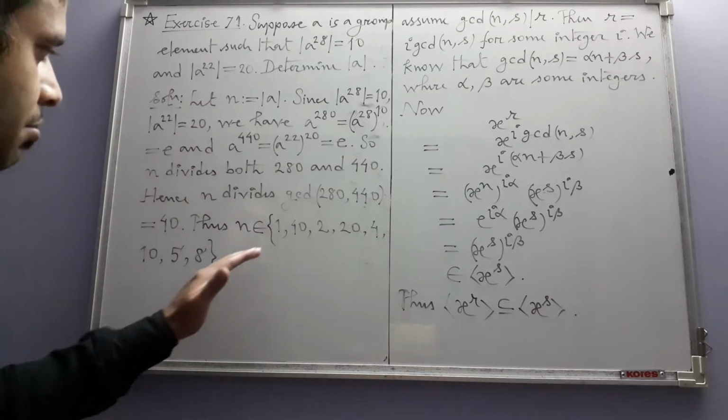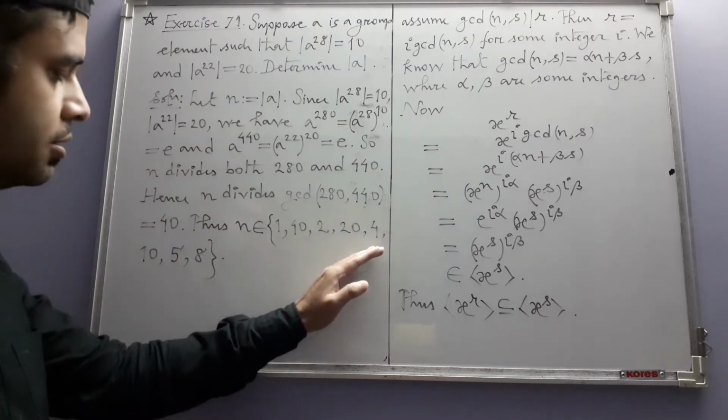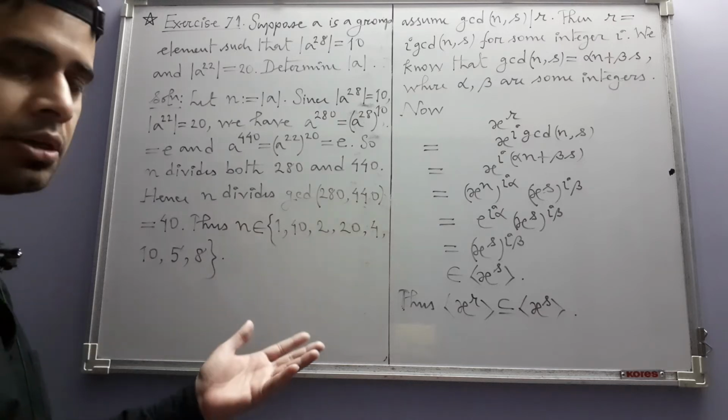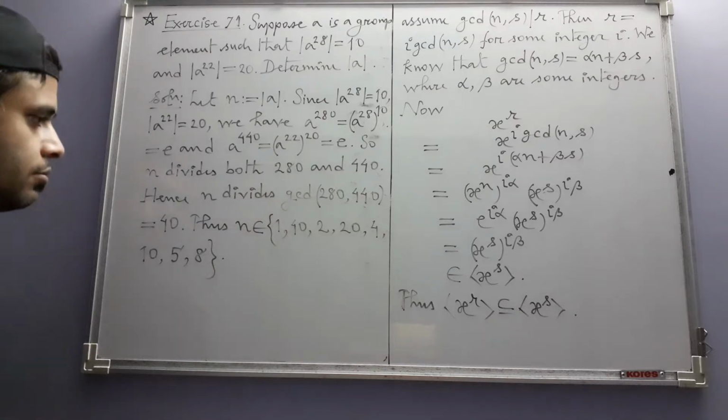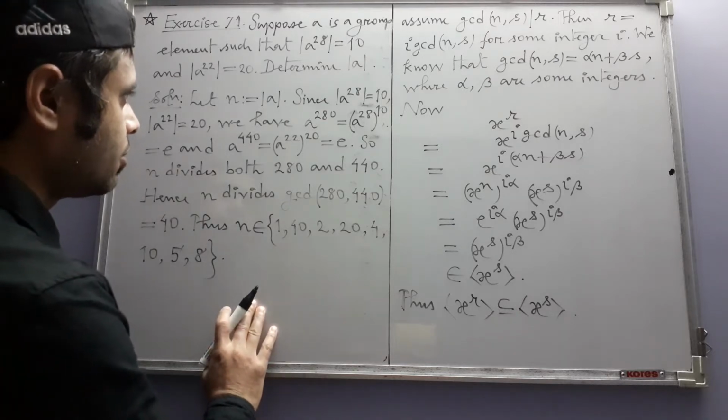Okay, now from among these possibilities, we have to rule out the ones that actually do not occur. But how?